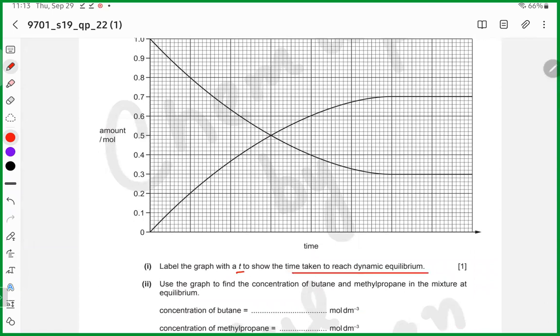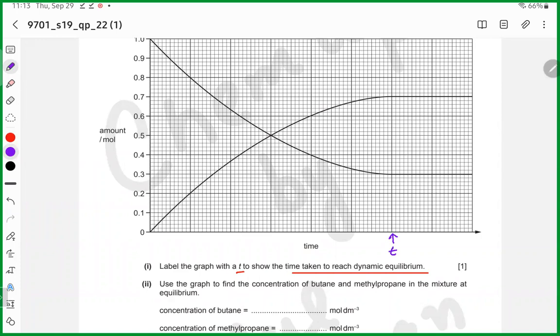So it is basically where both the lines become horizontal. So it must be this point, right? At this point both the lines are horizontal, so I can label this point as T.